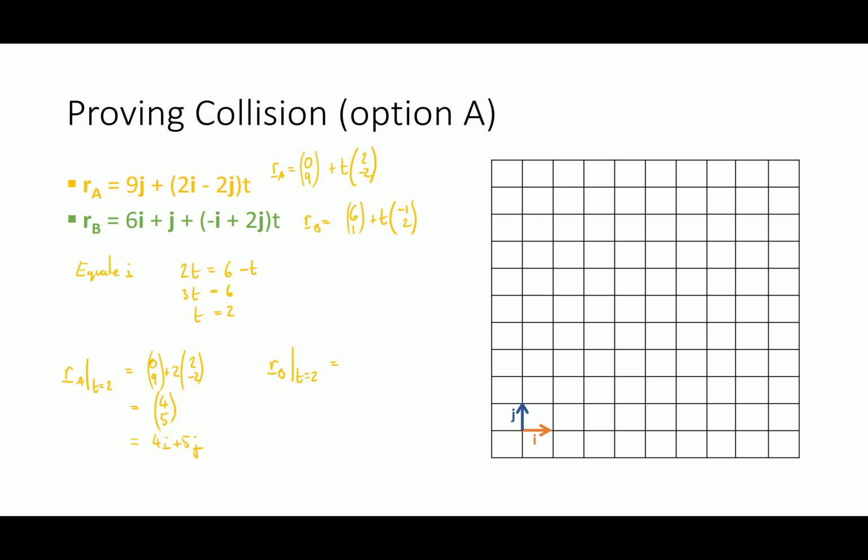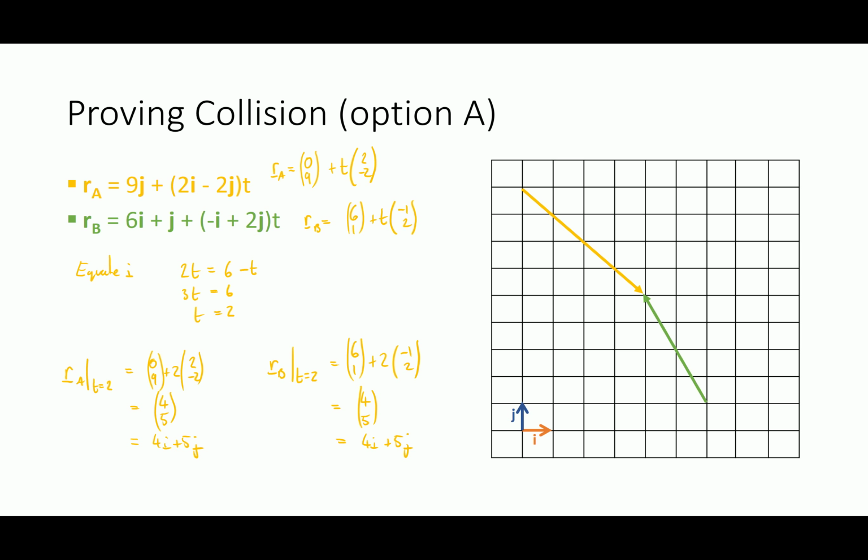What would that give me? Well, that would give me 6, 1, added 2 lots of negative 1, 2. And 2 times negative 1 is negative 2, so that gives me 4 and 5. Unsurprisingly, we're showing that the two things collide, and they certainly do at the point 4i, 5j. And that's exactly what we've got here. Our two objects come to collide with each other.